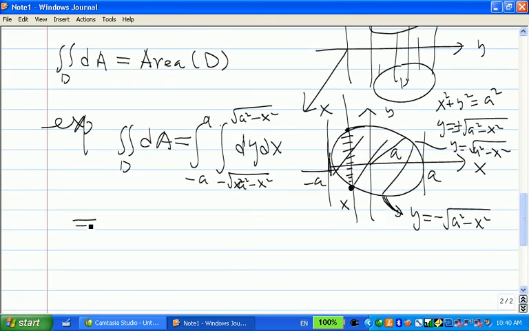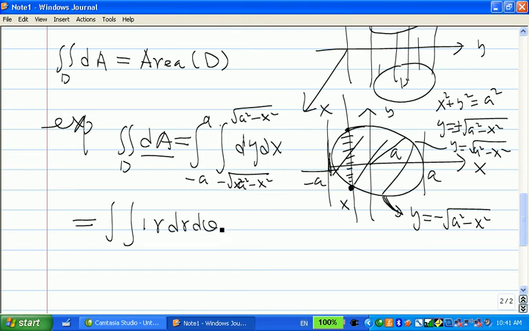Now let's use the polar coordinates. In polar coordinates, we have 1 here, so you still have 1. Whenever you see x replaced by r cosine theta, we don't have x there, so we change dA to r dr d theta.